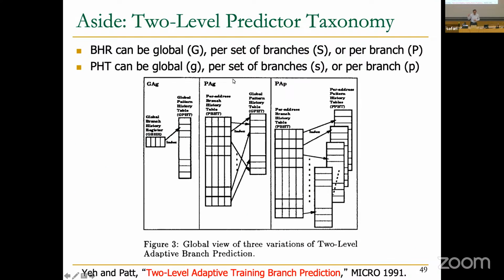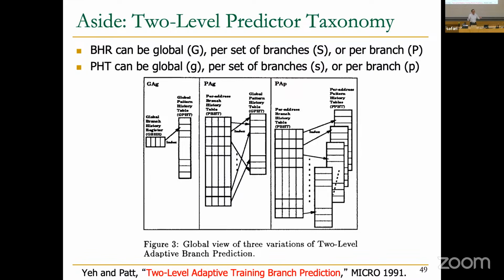Okay, so this paper introduced a taxonomy of two-level branch predictors. You could actually mix and match things. You have a branch history register. This branch history register can be global, or it could be per set of branches, or it could be per branch. Per branch is very expensive, of course. Per set of branches is basically you take some bits in the program counter and use that to index.